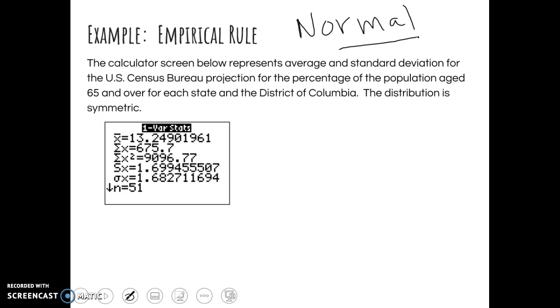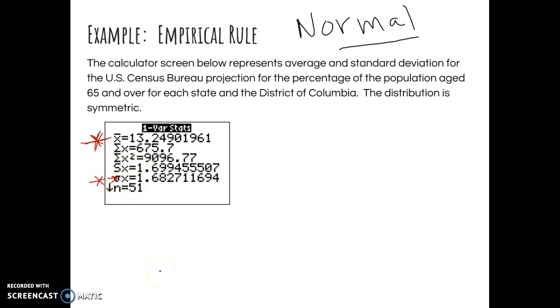Okay, so pieces of the calculator that are important to us. First is the mean right here, and then the second is the standard deviation right there. We want the population standard deviation, not the sample standard deviation.